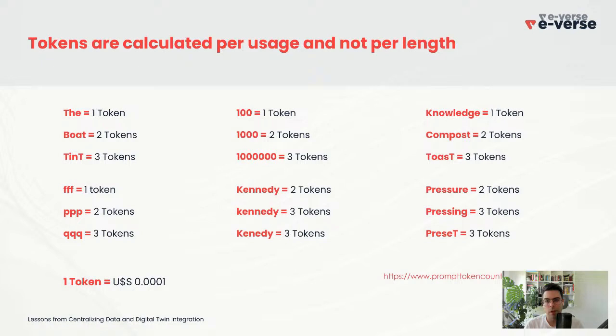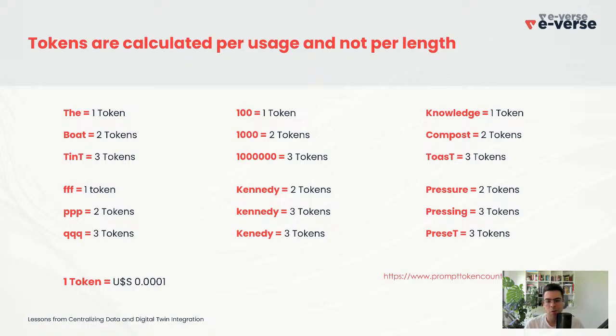And the problem is that the cost in tokens that you need to pay for ChatGPT to do something like this, first of all, it's hard to know how much it's going to be. For example, words with the same length might have different costs, or shorter words might have bigger cost.